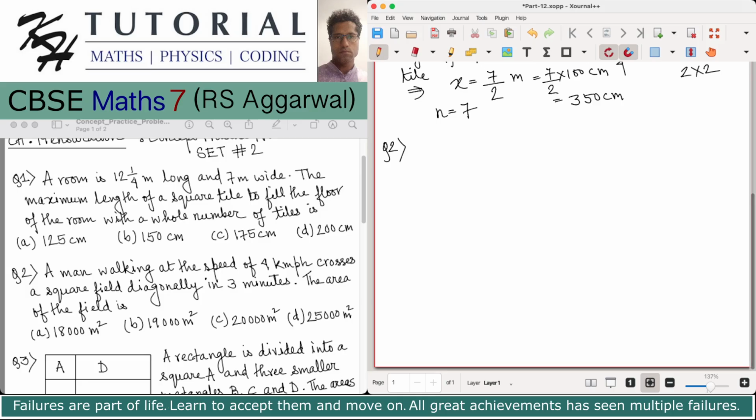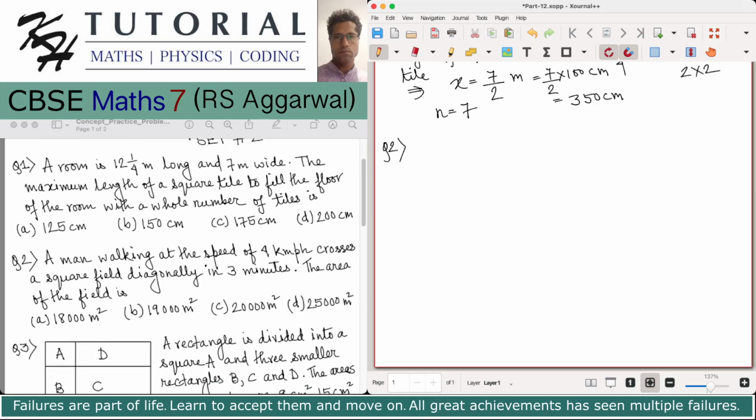Question number 2 says that a man walking at the speed of 4 kilometers per hour crosses a square field diagonally in 3 minutes. The area of the field is. Okay, so there is a square field. Let's say ABCD be the square field.